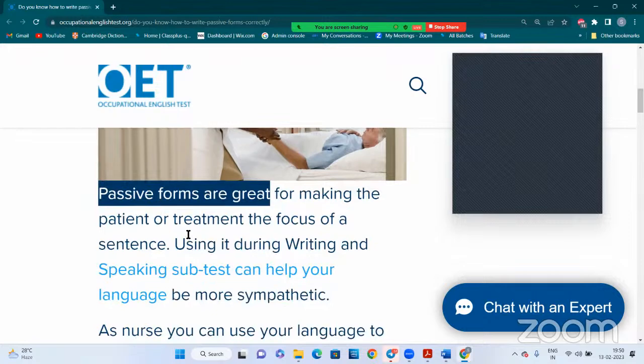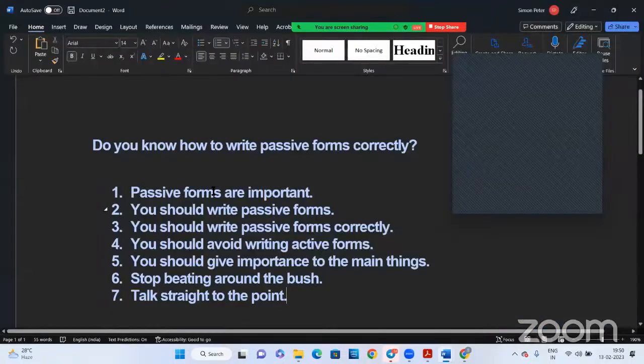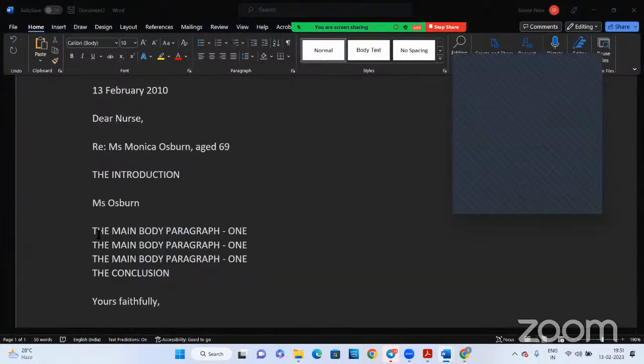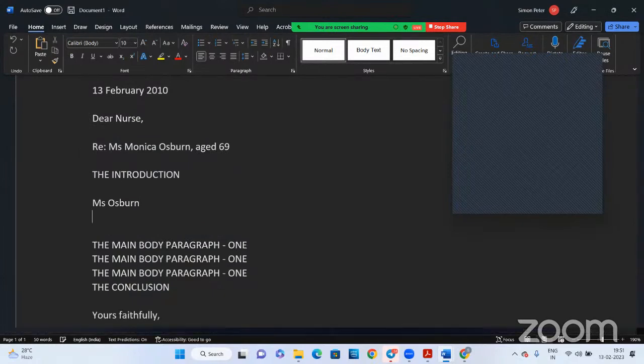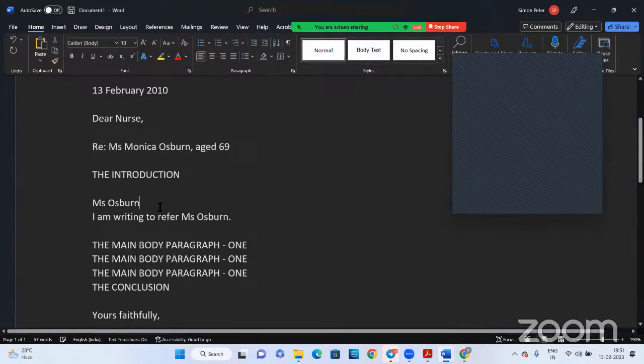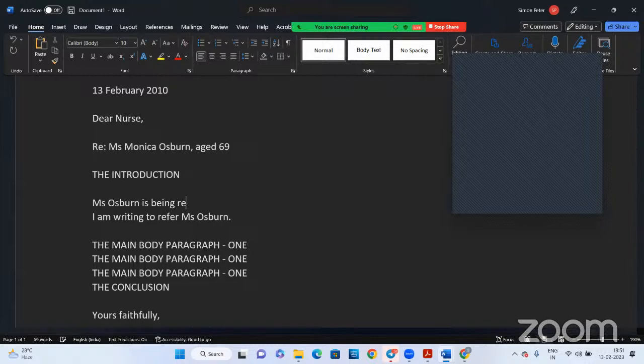See here, I'm making the patient the focus of the sentence. But many people write, I am writing to refer Miss Osburn. But here, Miss Osburn is being referred. That is the difference.